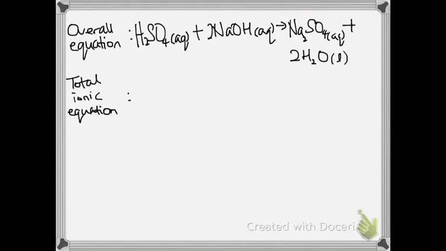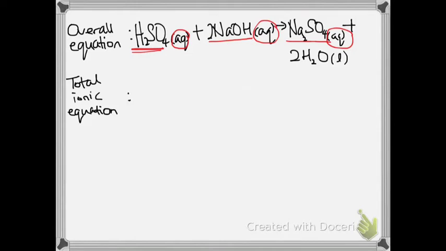Now we see here sulfuric acid is an aqueous compound. We see sodium hydroxide is an aqueous compound. We see sodium sulfate is an aqueous compound. Now let's split up these aqueous compounds into their respective ions. Let's take a look at H2SO4 first.